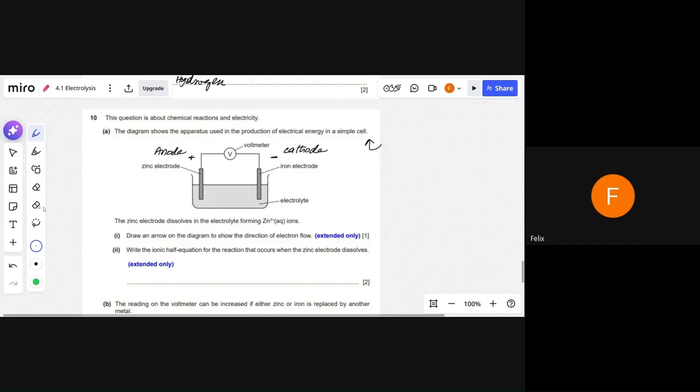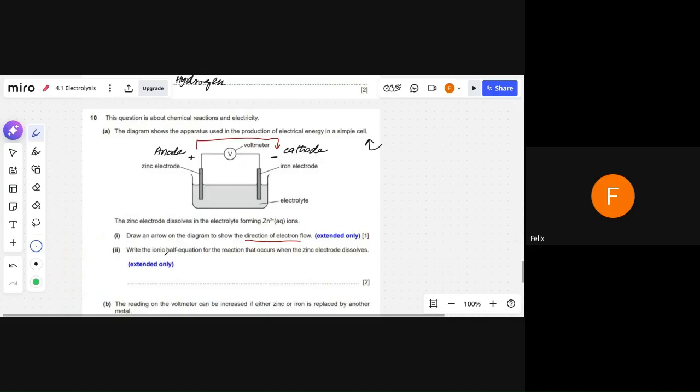We have already discussed in our previous lesson that the direction of electron flow will be from positive to negative, from anode to cathode. So draw an arrow. Okay, so I think this will help.